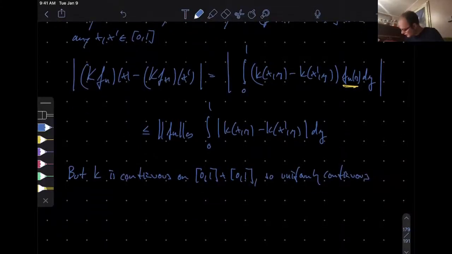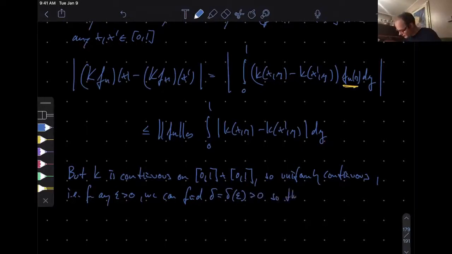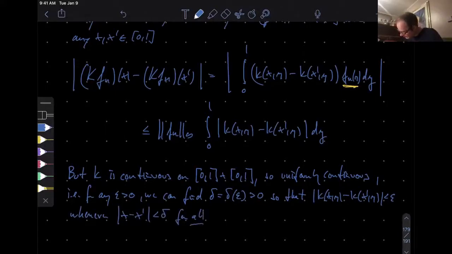Uniformly continuous, meaning for any epsilon positive, we can find, that's what I said earlier, a delta that only depends on this epsilon, not on the point that you are zooming in. So that |k(x,y) minus k(x prime,y)| is less than epsilon whenever x and x prime are sufficiently close, for all y in [0,1]. That's the punchline here.